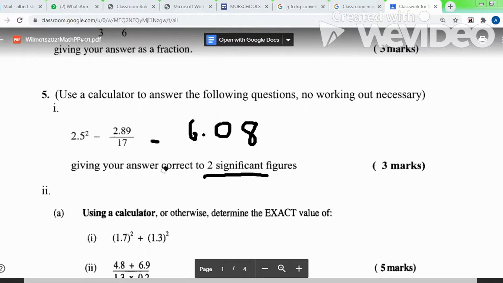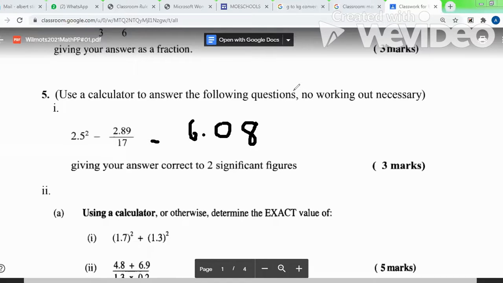All right. Now the question says 2 significant figures. I want somebody to explain to me how you get your answer to the 6.1 when you round off to 2 significant figures. So, all right, for the significant figure, all numbers that are not 0 are significant.